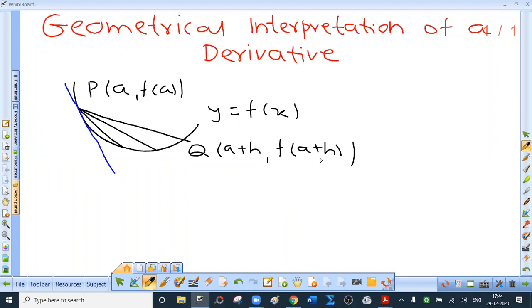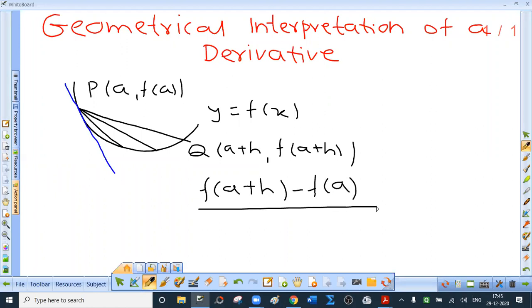So it will be y coordinate f of a plus h. Simple. Now, what will be the slope of secant PQ? y2 minus y1, that is f of a plus h minus f of a, upon x2 minus x1, that is a plus h minus a. So I will directly write h.